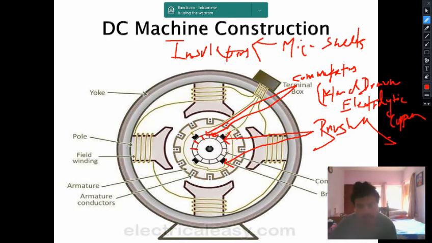So that two adjacent commutator segments, let us say I will just draw it in a straight line. So suppose this is commutator segment A, this is commutator segment B, and this is commutator segment C. So you see here, between A and B there is separation, and between B and C there is also separation.